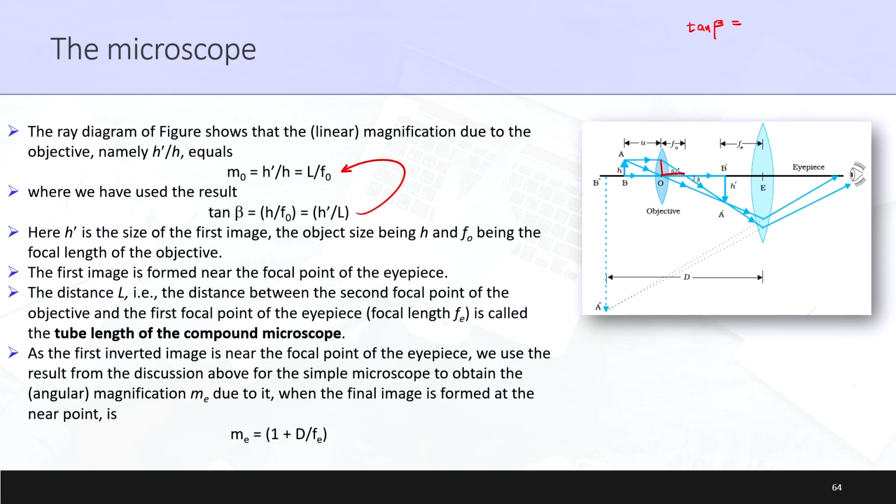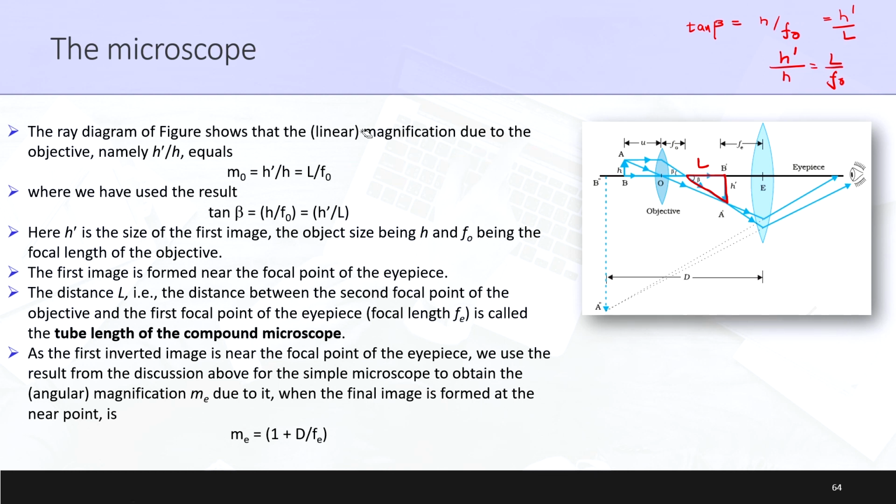Similarly, for h dash by L you can do the same for this triangle, which is equal to h dash by capital L. Hence, you find that h dash by h is equal to L by f naught, and this is what is obtained here.